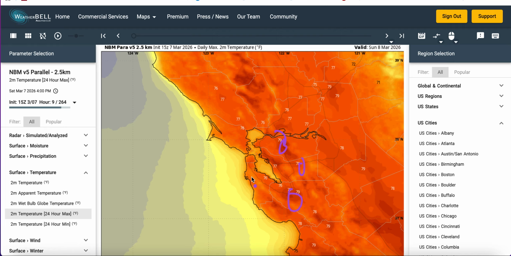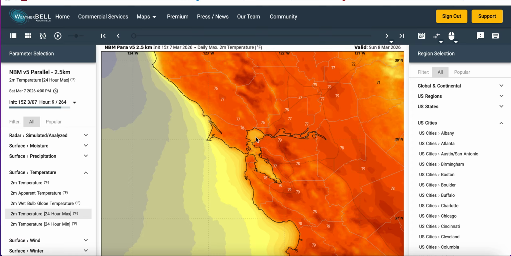Half Moon Bay at 70, that's warm for Half Moon Bay. 75 for Monterey, this is very warm. 78 in Novato. You're seeing close to 80 in a lot of spots here. Wouldn't surprise me if any of these spots end up hitting 80, maybe 81 or 82.